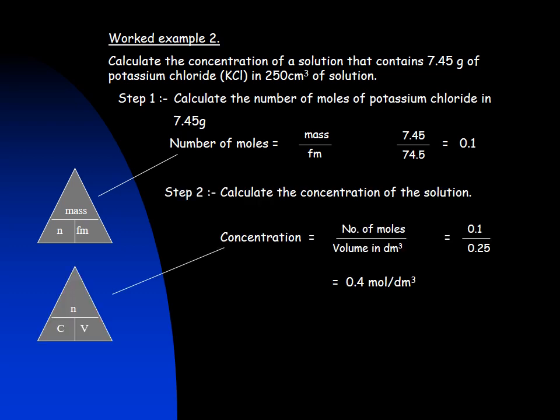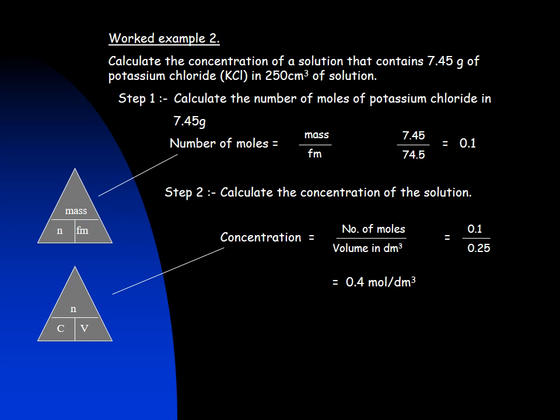And then in step 2, we're going back to our solutions equation to calculate the concentration. So concentration is number of moles divided by volume. So we know from step 1 that number of moles is 0.1, and we know from the question that volume is 250 centimeters cubed.